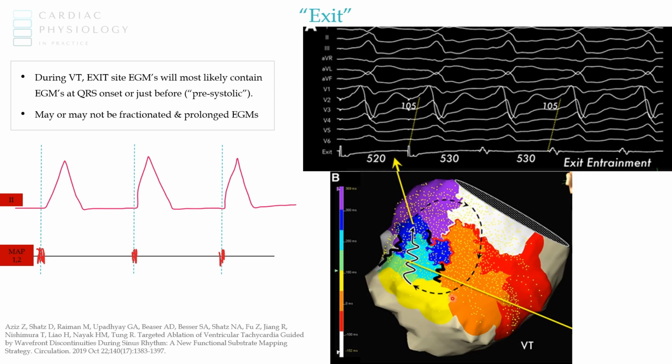So we have depolarization rotating like this, and these black lines represent some kind of barrier. Maybe there's scar tissue there that's electrically inert, or maybe there's some kind of functional barrier for conduction.